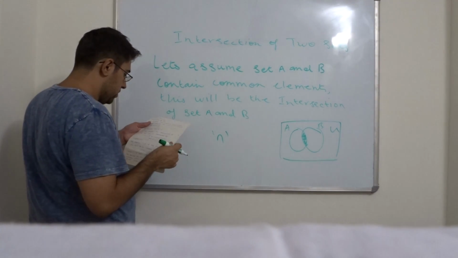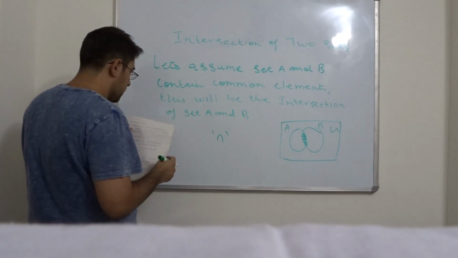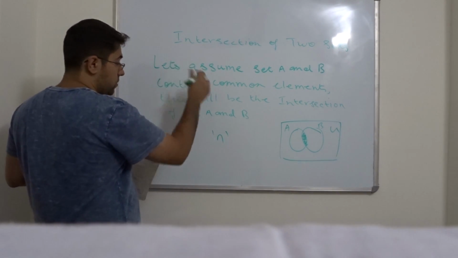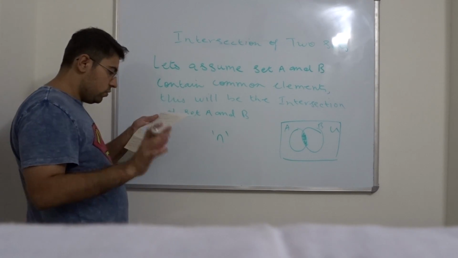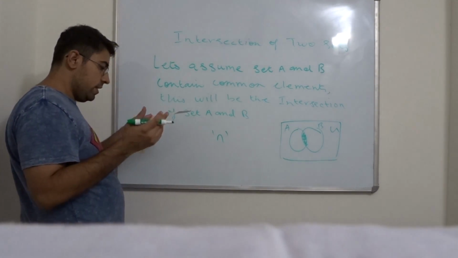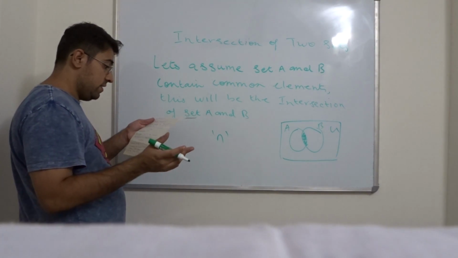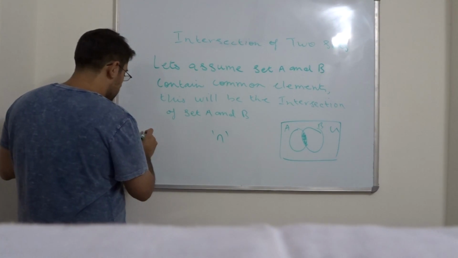In set notation, the intersection of two sets can be represented like this. Just look.